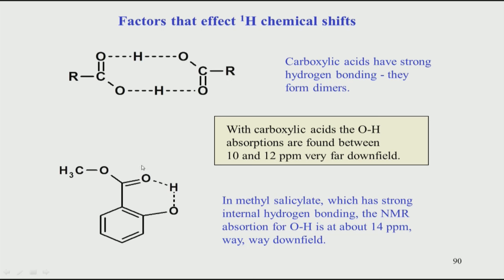Even in the case of an intramolecular hydrogen bond, the chemical shift of this hydrogen is very much de-shielded, meaning it comes at a very high ppm value, and in this particular case it comes at around 14 ppm, which is a very high downfield shifted proton compared to any other proton.